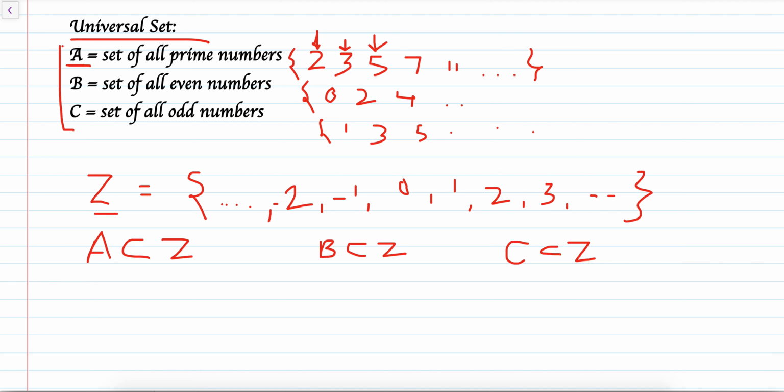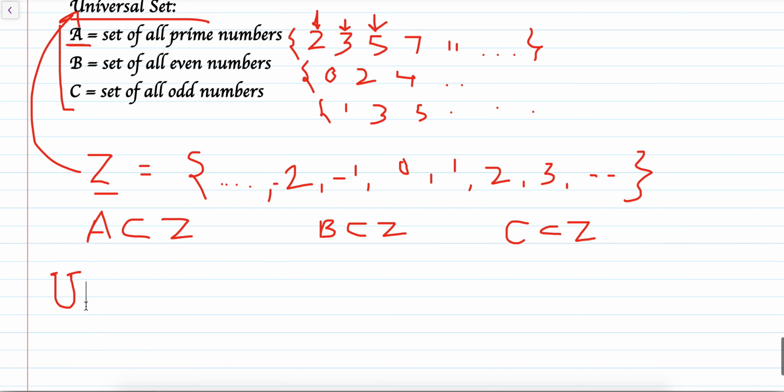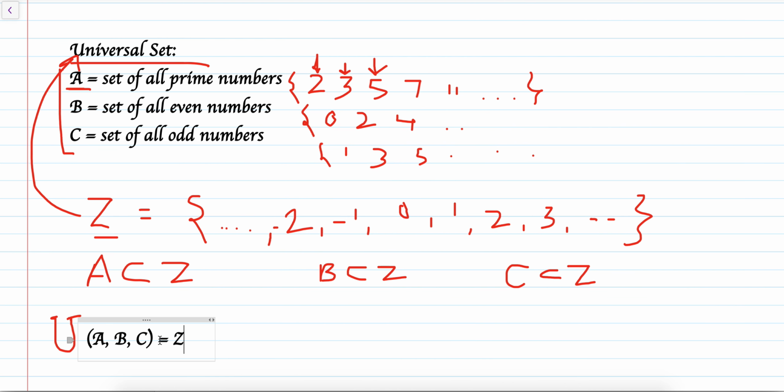Here there are three sets, so we will say that Z is a universal set of A, B and C, and we usually denote it by capital U. So we can write U of A, B, C is equal to Z. Here Z is the universal set for A, B and C, because Z includes all the elements that are present in A, B and C.